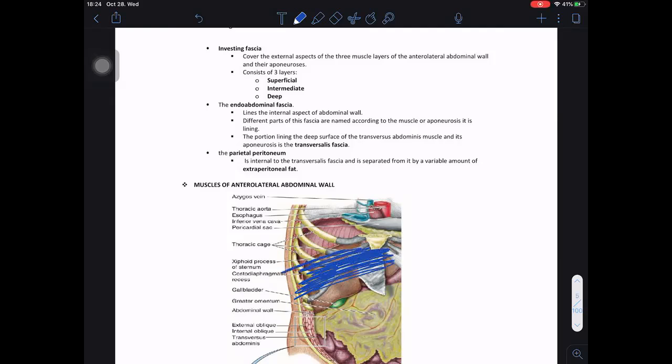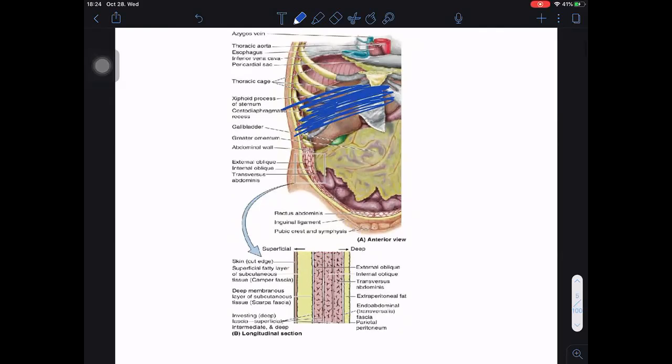So that's the superior border of the anterior abdominal wall. And the inferior border is going to be formed by the inguinal ligament, the iliac crest, so basically the anterior superior iliac spine, and then the iliac crest itself. And more medially, you're going to have the pubic crest and upper part of the pubic symphysis, which is going to be forming the inferior border of the anterolateral abdominal wall.